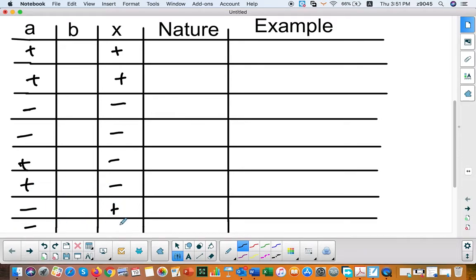These are the only possible combinations for a and x. Whenever these are the combinations for a and x, depending on the value of b, we can define the nature of the graph, and we will write a similar example corresponding to it.